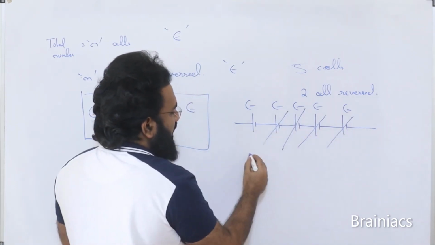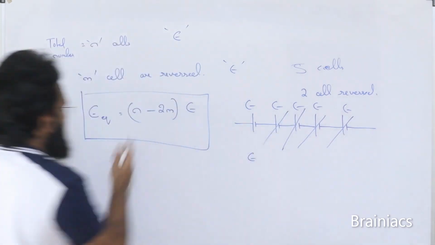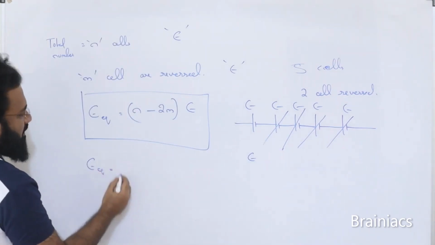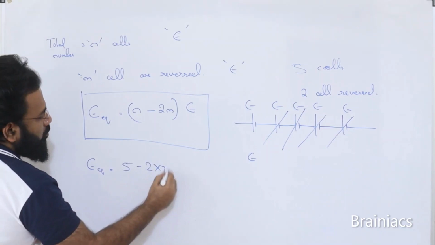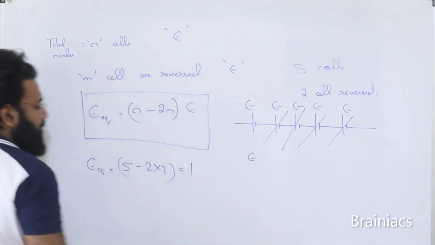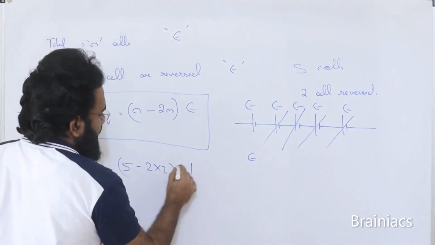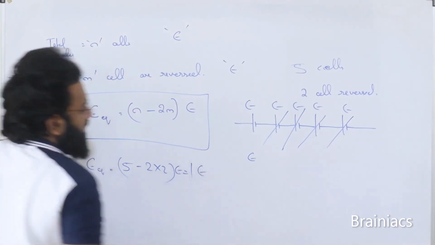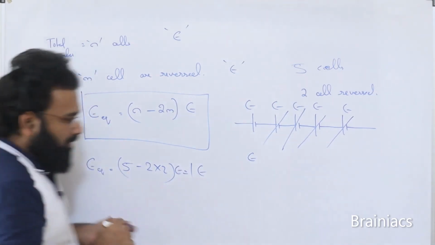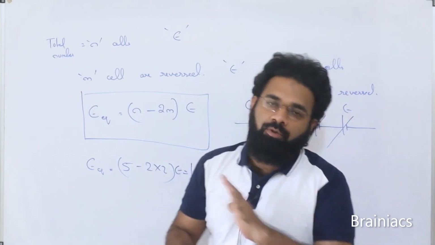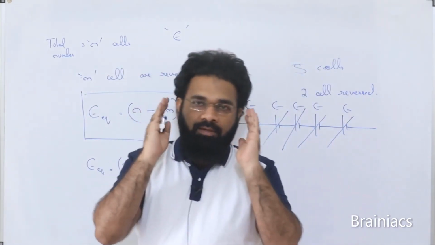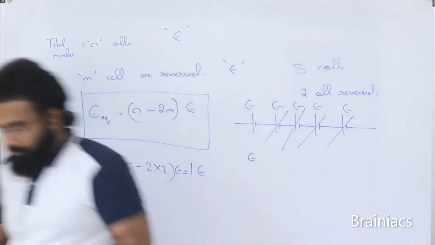So finally what will happen? There will be only E. If we substitute here, totally 5, reversed is 2, so 5 minus 2 into 2 will be getting what? 1. So 1 into E, we will be getting 1 E, correct? So in this way we should not get confused and make the mistake. It is a simple concept, I am telling you just for your sharpness.